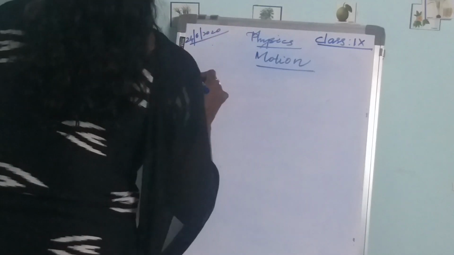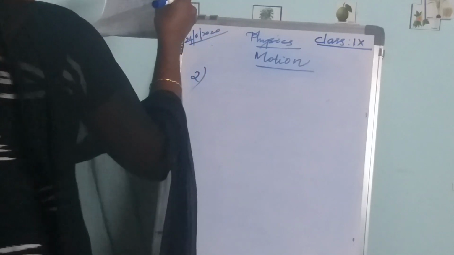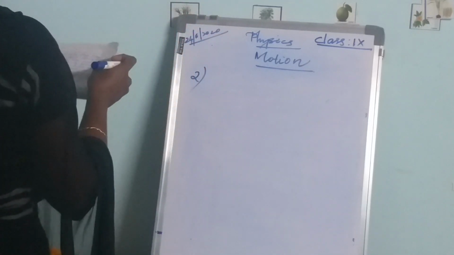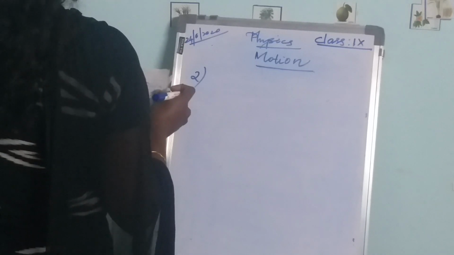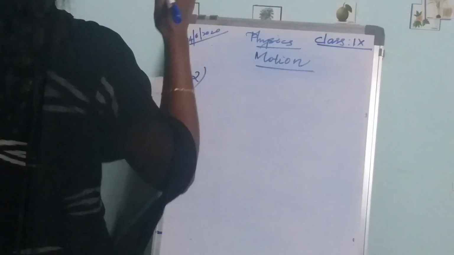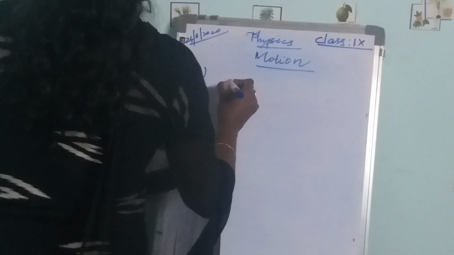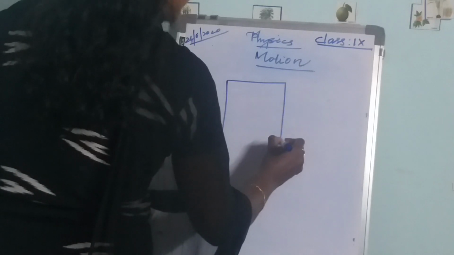Okay. Next, the second question. Here, a farmer moves along the boundary of a square field of side 10 meter in 40 seconds. Actually, the farmer moves along the boundary of a square field.